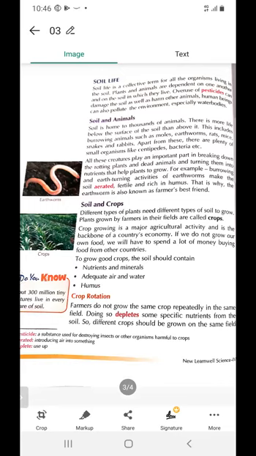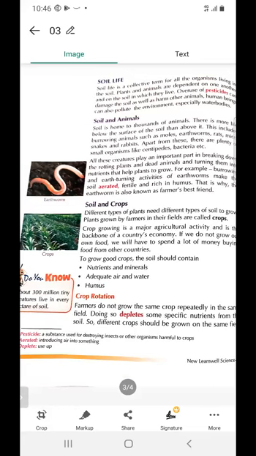What do you mean by pesticides? It is a chemical used in the fields to increase the fertility of the soil.